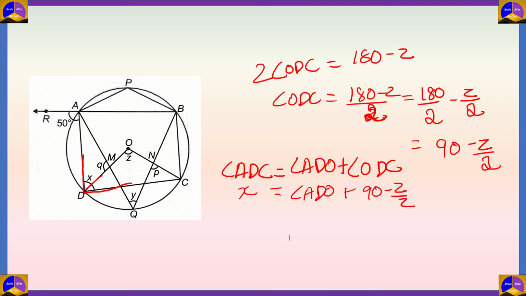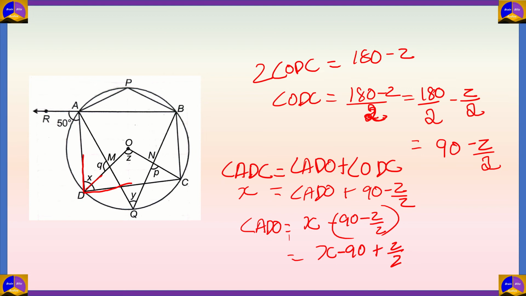So we get ADO equal to X minus (90 minus Z by 2), which is equal to X minus 90 plus Z divided by 2. This is what we have found out right now.